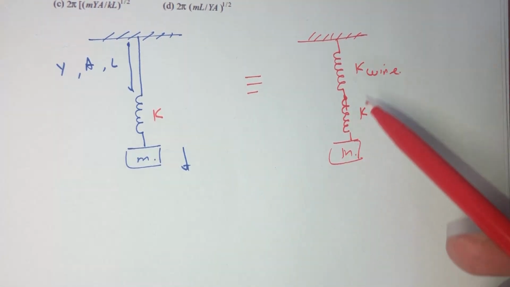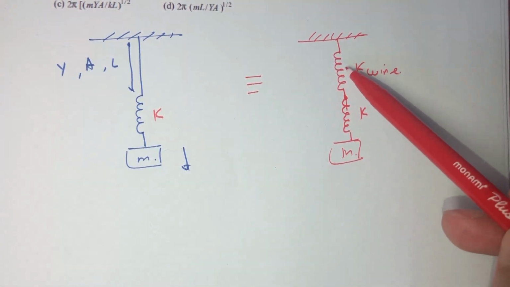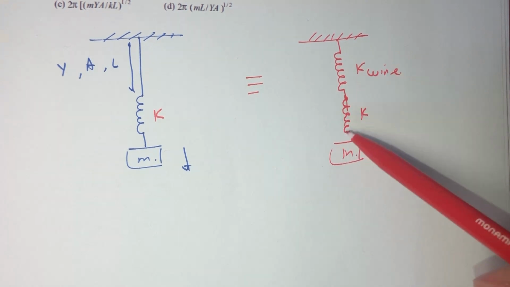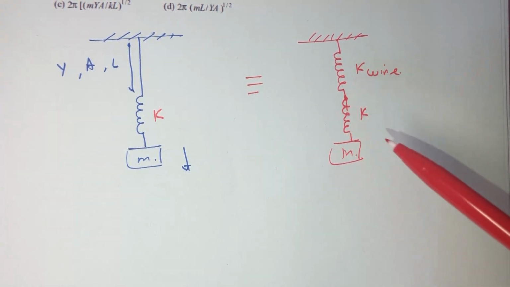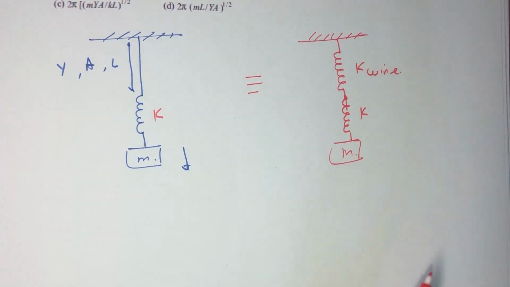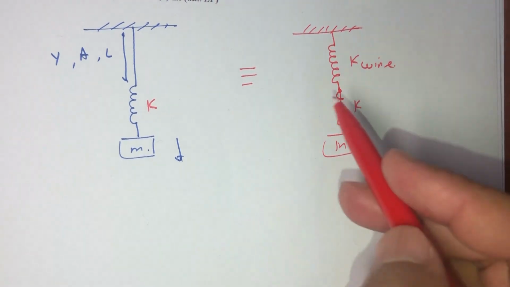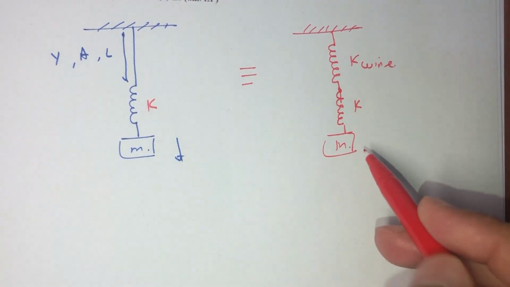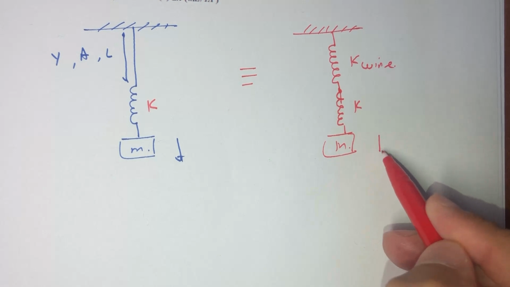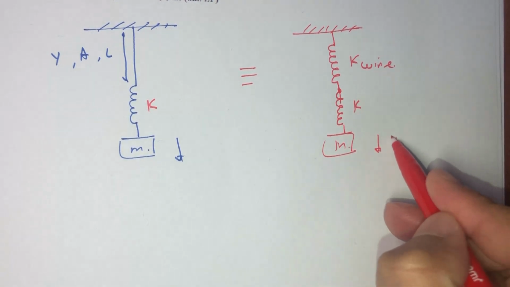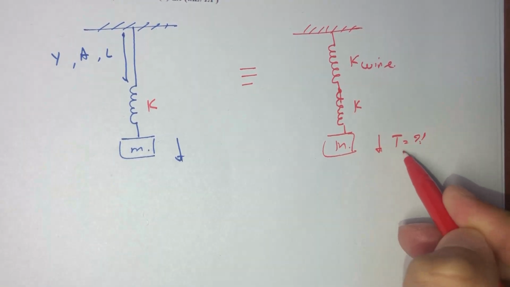So now we can say that the wire acting as a spring and the original spring are connected in series. And we have to find out the time period of the oscillation when this mass is slightly pulled down.